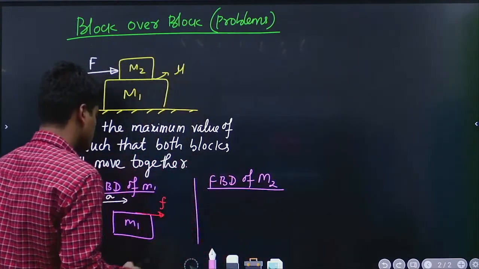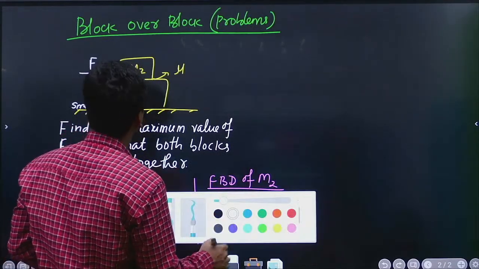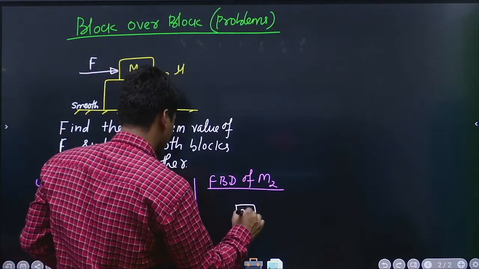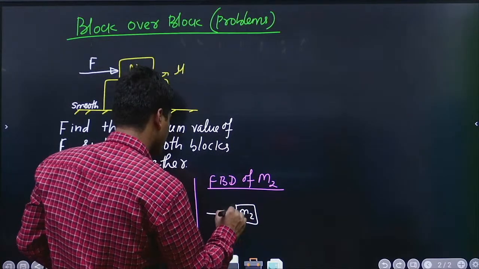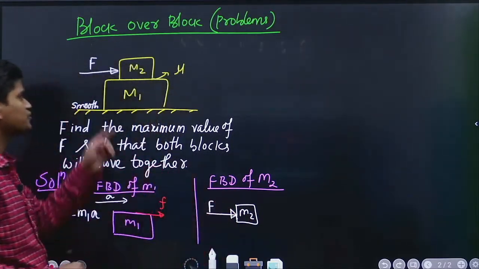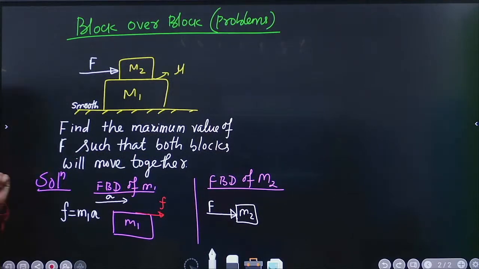Now similarly, if I draw the free body diagram of M2, what forces are acting on M2? The applied force capital F, and one frictional force.